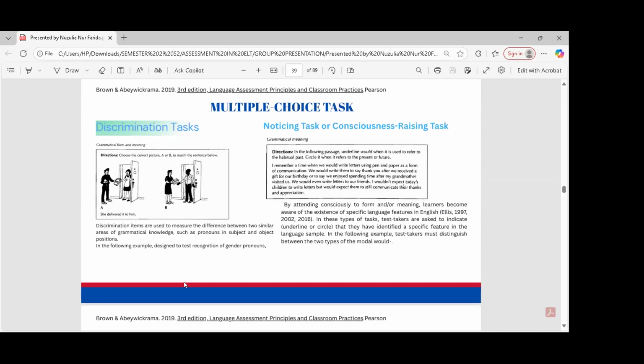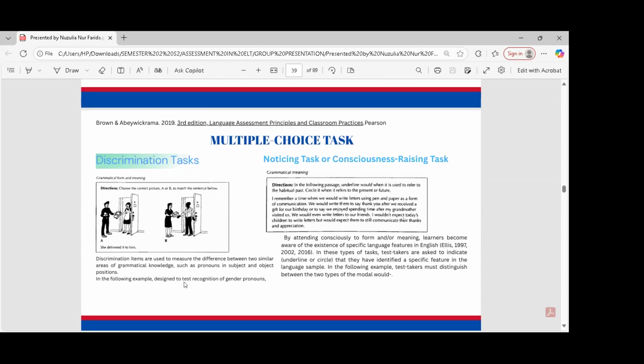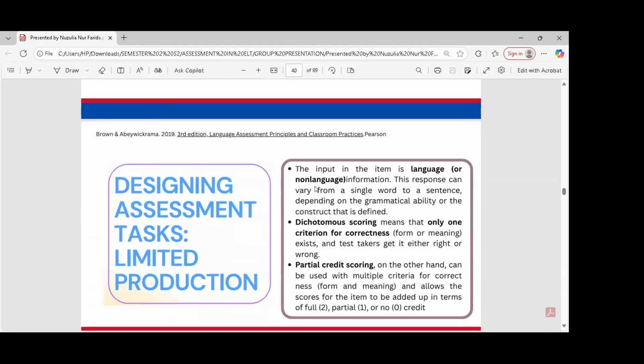The second type of multiple choice task is the discrimination task. Discrimination tasks are used to measure differences between two similar areas of grammatical forms, such as pronouns, objects, and this is for noticing tasks.